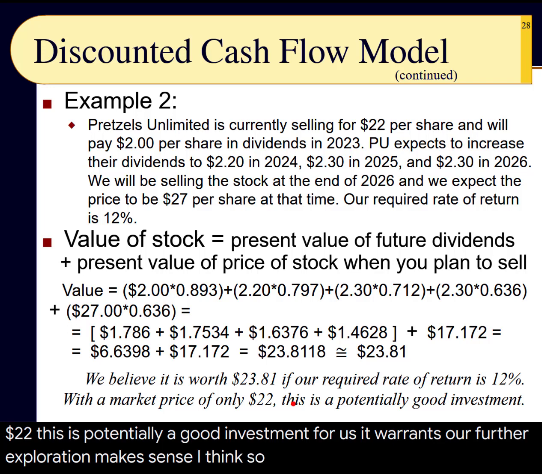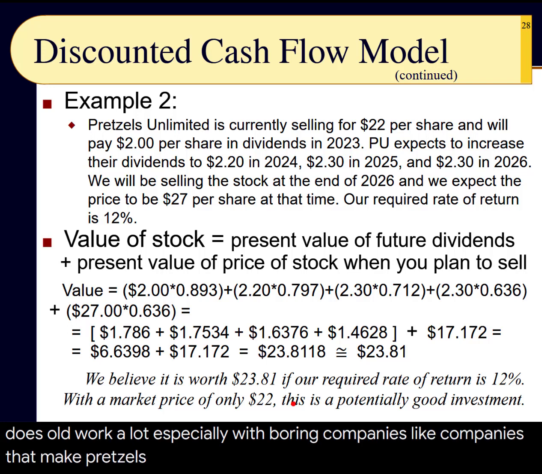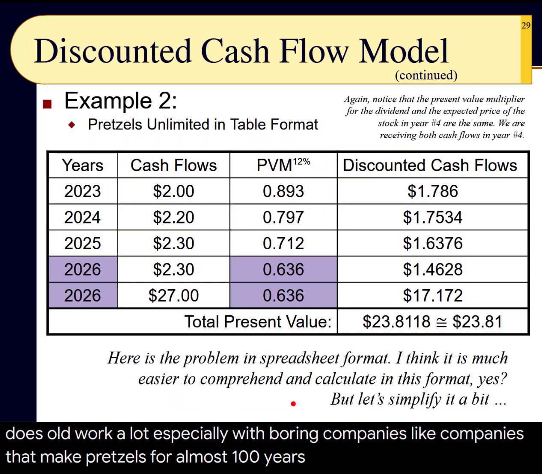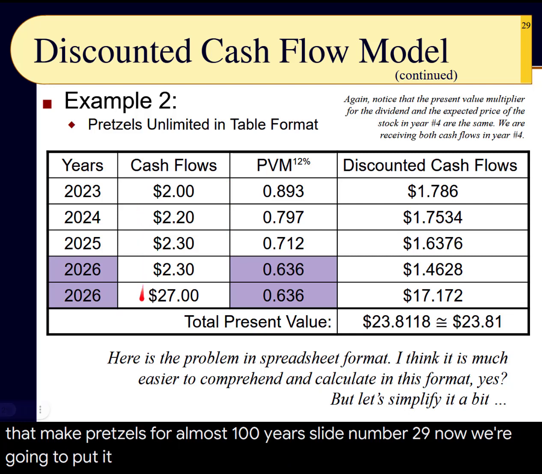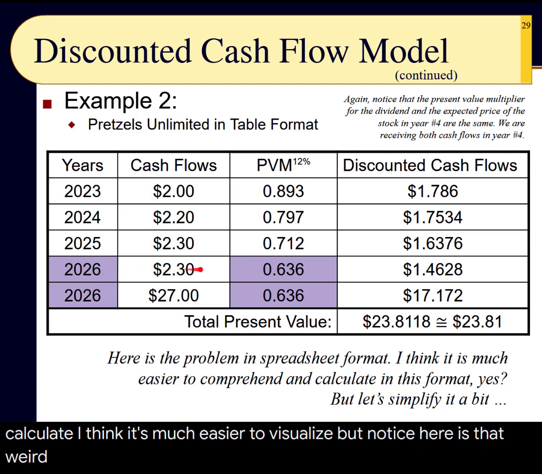It doesn't always work, folks, but it does work a lot, especially with boring companies like companies that make pretzels for almost 100 years. Slide number 29. Now, we're going to put it in table form because I think it's much easier to calculate and to visualize. But notice, here's that weird little thing at the end.